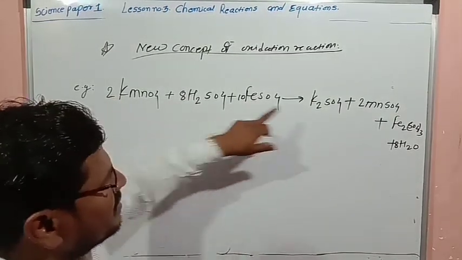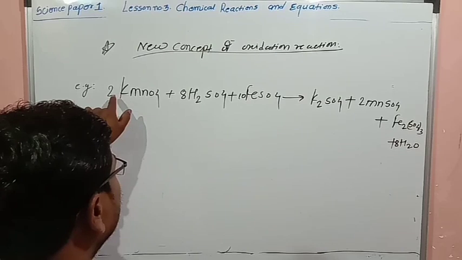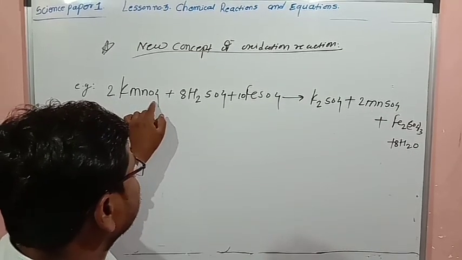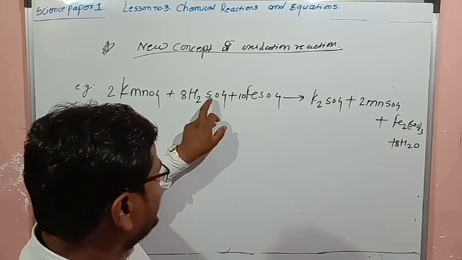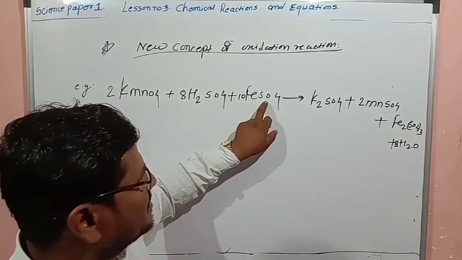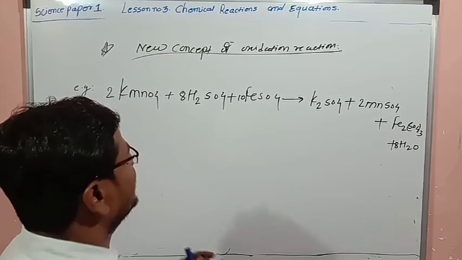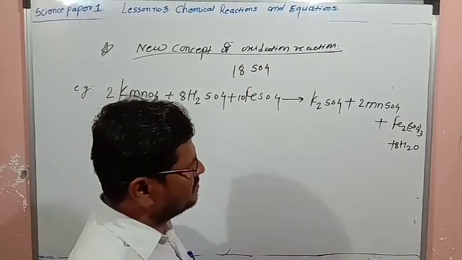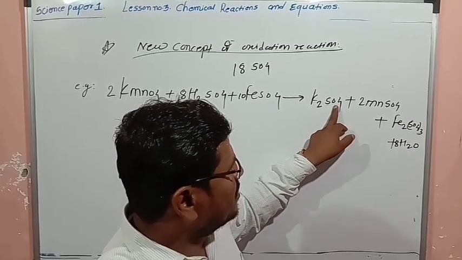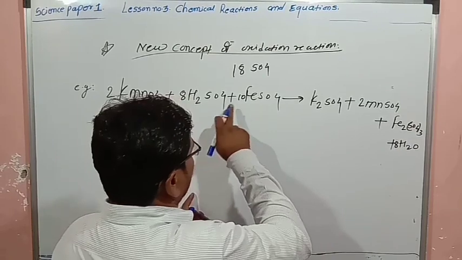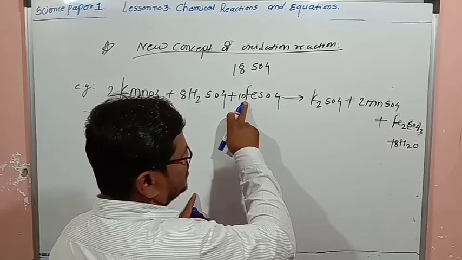K, 2K, K2. After that 2Mn, 2Mn. Then SO4, how many are there? 8 SO4 plus 10, that means 18 SO4 are there. Here 1 plus 2, 3. And here how many Fe are there? 10 are there.